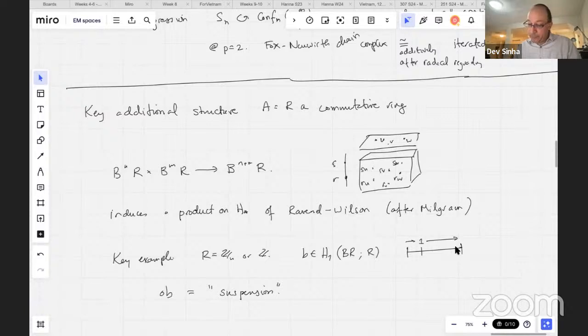Because, for example, if I have this in H2 B Z2, then this circ B is going to be this class where these 2 points are on a line, but then that line can move, and that's in H3 B squared Z2.